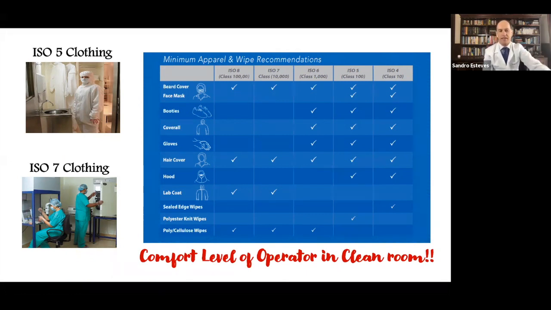We need to understand that we have skin shedding with a lot of bacteria. This is part of our way of shedding and also contamination. I see people putting hands inside the incubator without gloves. From the microbiological point of view, it doesn't seem to me the best thing we should do.